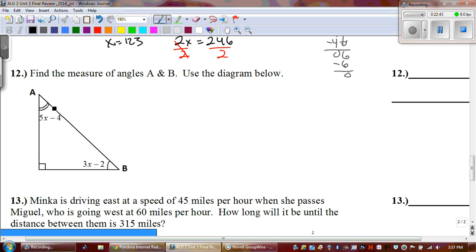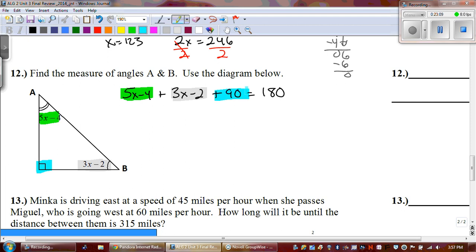So we need to take our 5x minus 4, which is our first angle. We're going to add that with our second angle, which is the 3x minus 2, plus our third angle, which is 90, and we're going to set that equal to 180.